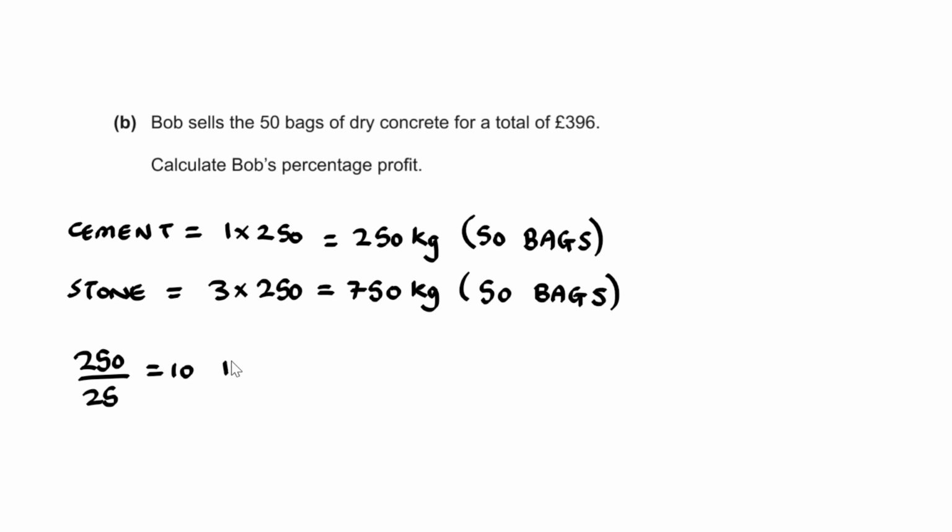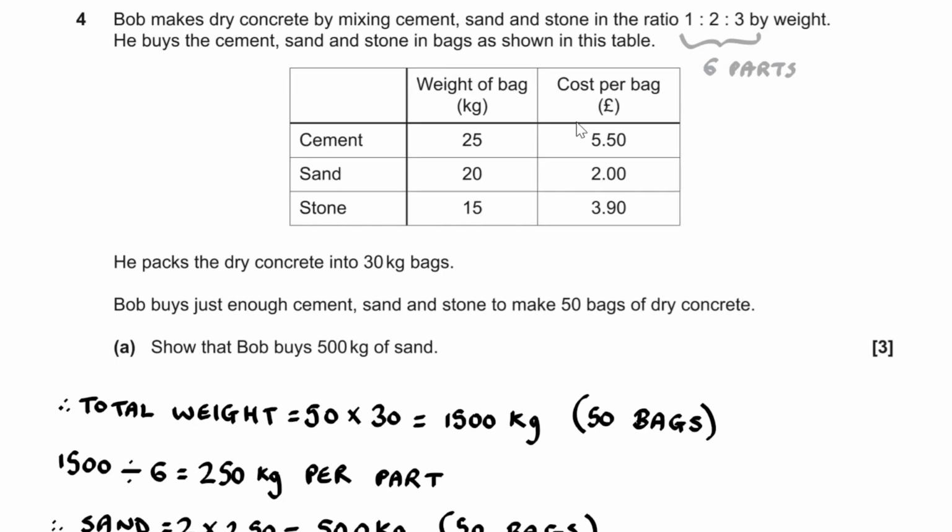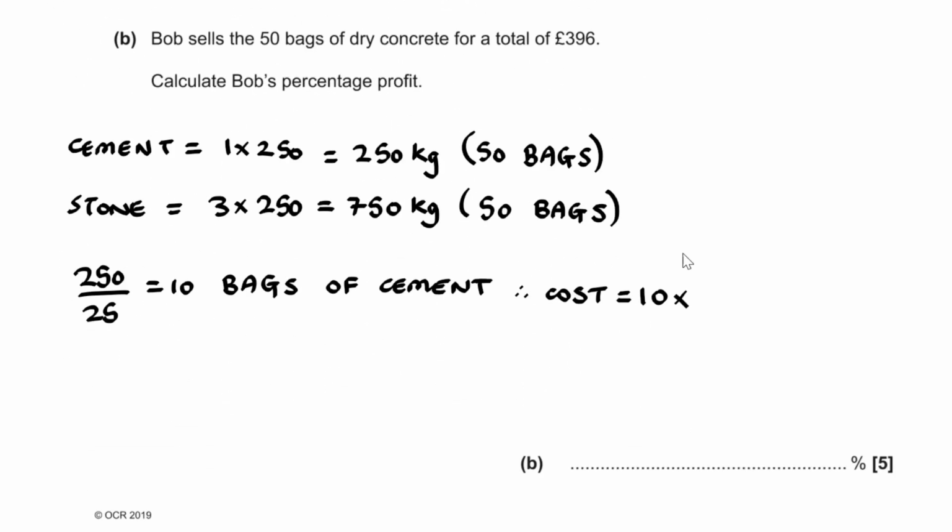So we require 10 bags of cement. And therefore the cost here, we would have 10 multiplied by, well, if we go back to the cost for this, we've got 10 times by 5.50, which is £55.50.